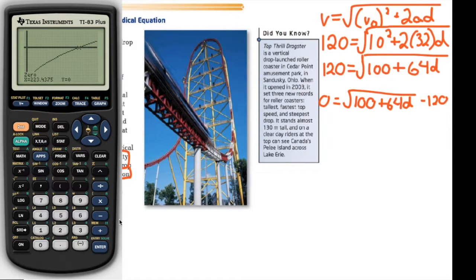And we get 223.4375. Looking at the question, the question's asking for this to the nearest foot, so we would have 223 feet. That is how tall this roller coaster must be in order to give the desired speed at the bottom.